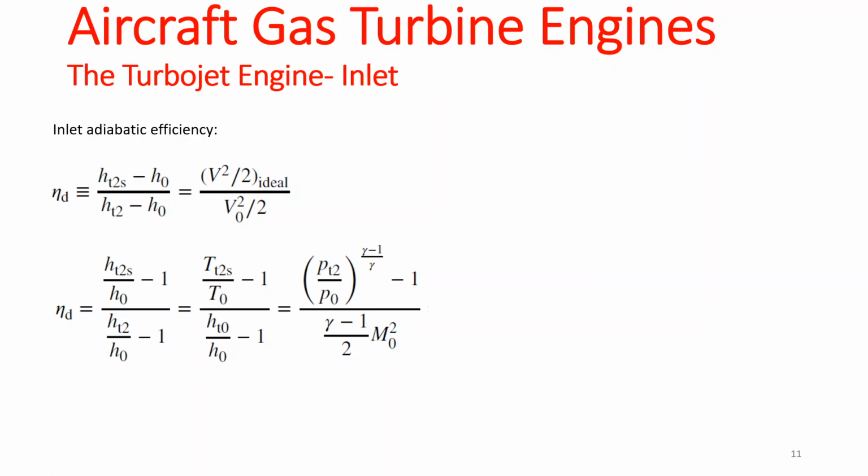This ratio, we don't actually touch this that much, but we already know that HT naught, meaning the total enthalpy, is going to be... okay, are we clear up until this point?